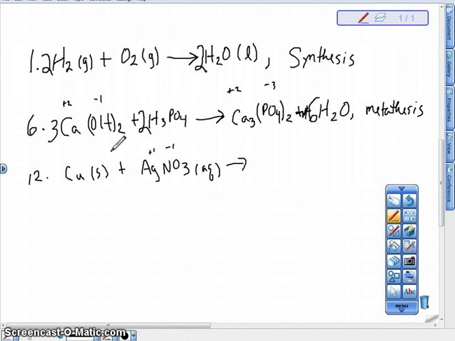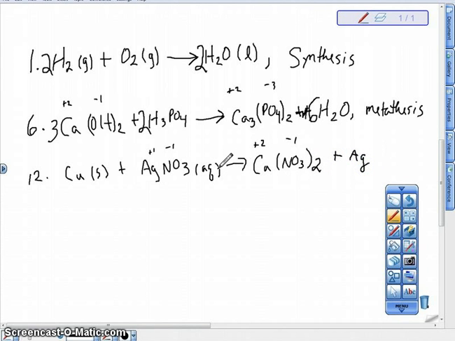And so if it switches, it'll switch with the metal so that copper can replace silver. So I will get copper with nitrate, where copper is usually positive 2, nitrate is minus 1. So I should require 2 nitrates, and silver will get put out by itself. So now we've written element plus compound equals compound plus element.